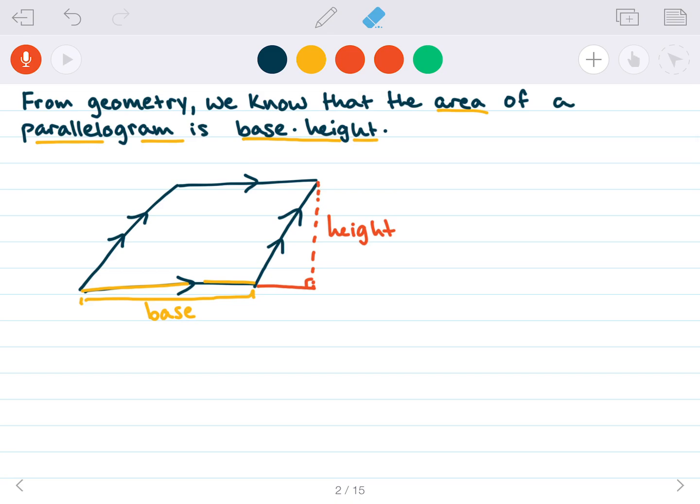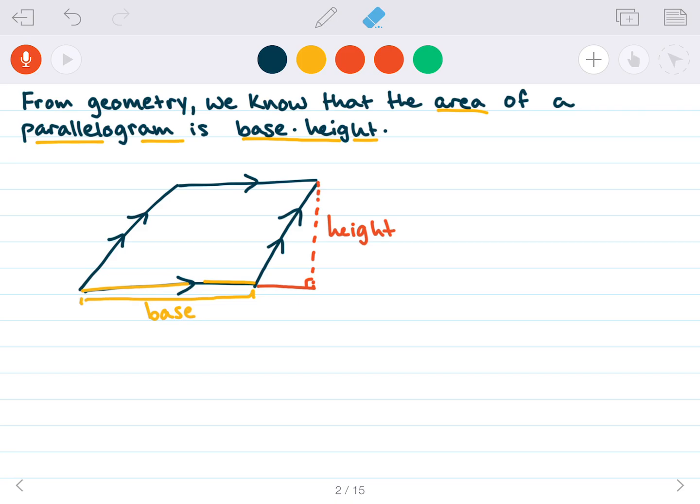Before that, we need to remind ourselves what a parallelogram is. You probably haven't seen a parallelogram since high school geometry. I don't know, maybe you've seen it in trig, or maybe even algebra 2. I'm not sure. But nevertheless, let's talk about it again. Parallelograms are basically shapes that have four sides, and the opposite sides are parallel to one another.